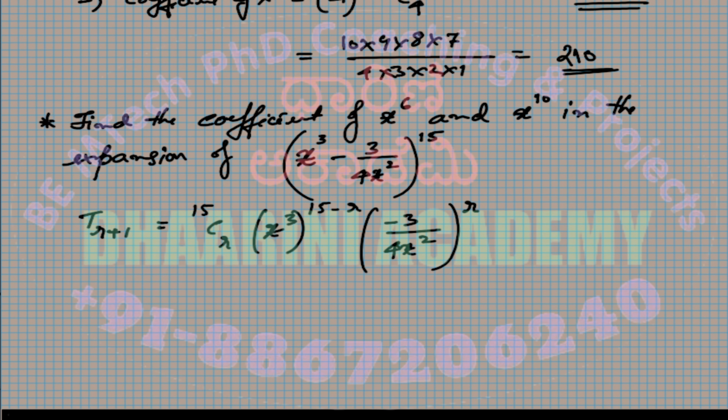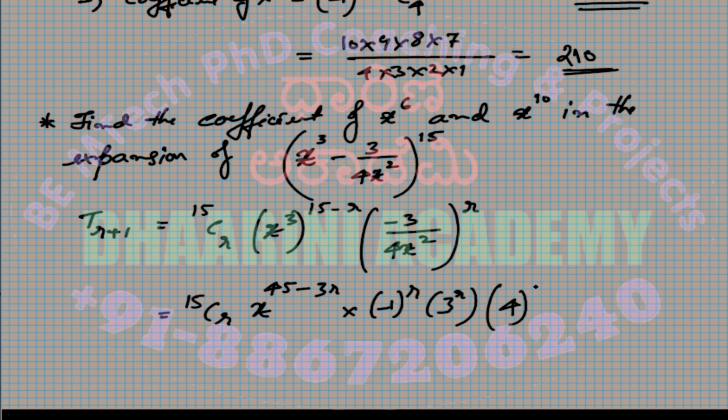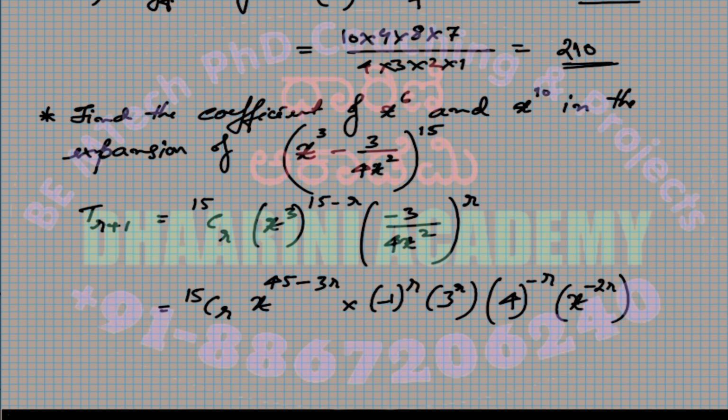So this is equal to 15Cr x to the power 3 into 15, 45 minus 3r into, there is a minus 1 raised to the power r into 3 to the power r. Okay, and 4 to the power minus r into x to the power minus 2r. 1 by 4 to the r is 4 to the minus r. X square is in the denominator, so my x to the power minus 2r.